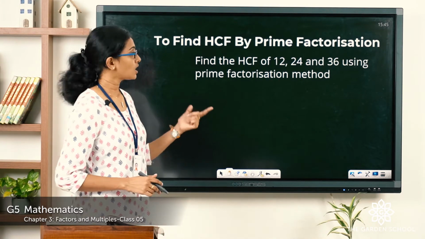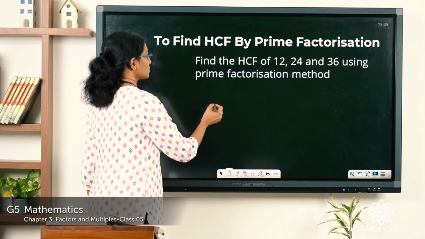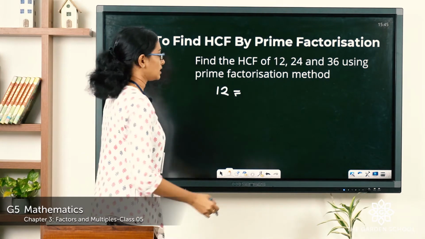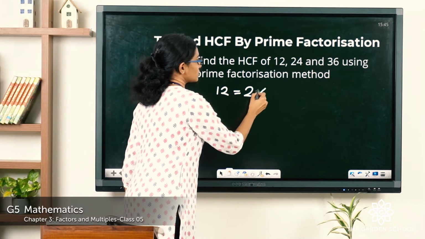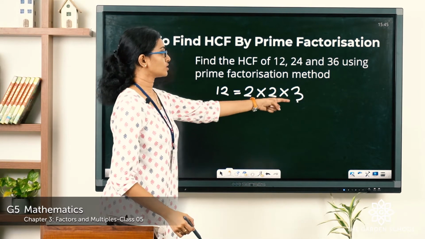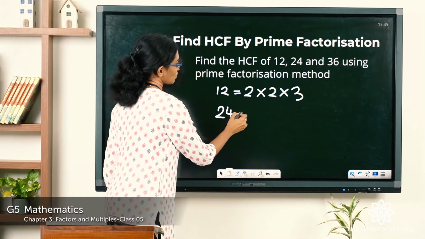So first let's write down the prime factors for each of these numbers. So how can we write 12? 12 can be factorized as 2 into 2 into 3. 2 into 2, 4 into 3, 12. What is 24? 24 is 2 into 12.